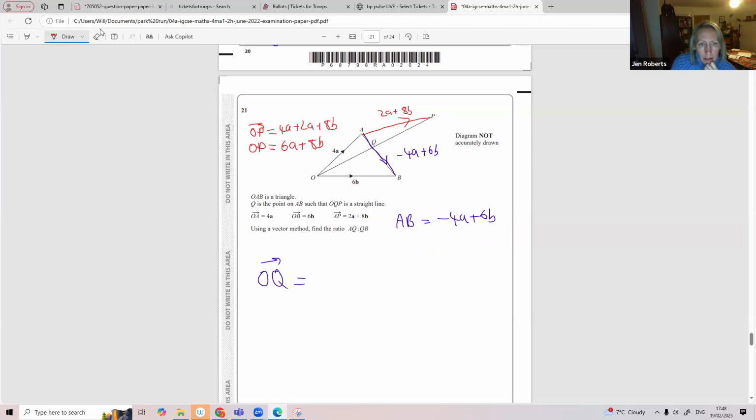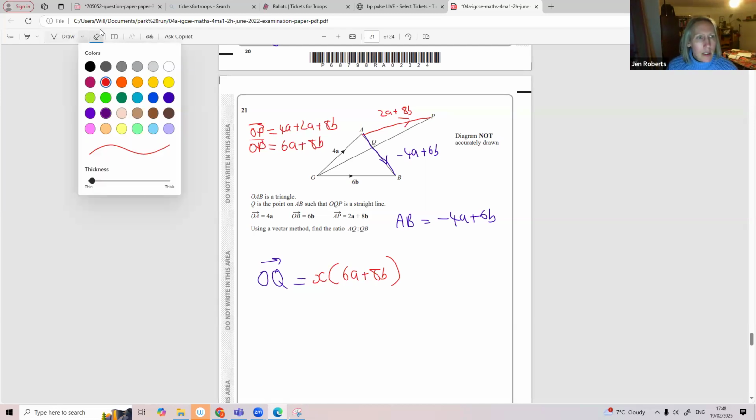That's O to P. So I know O to Q is definitely part way along this line, O to P. And I'm going to call that X, 6A plus 8B, because it's a fraction of the way along that line. How else can I get O to Q? Well, I can just see here, right?